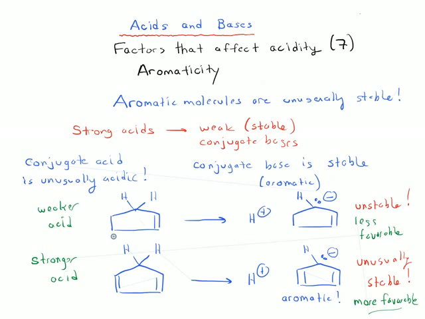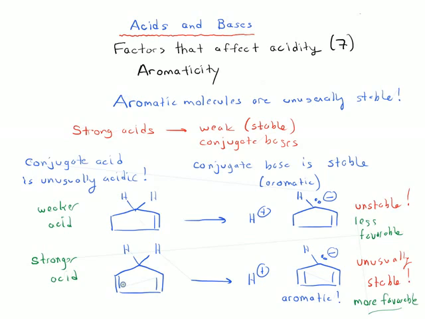Much, much weaker acid. So again, it ties into the factors we were talking about before, and that is that anything which can act to stabilize the negative charge in the conjugate base is going to make your conjugate acid more acidic. And aromaticity is just another factor which can lead to stabilization.